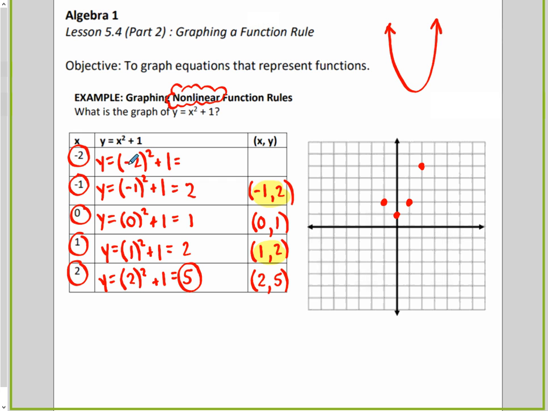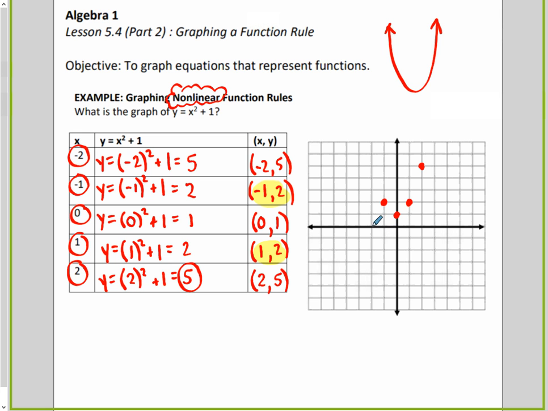So that's +4. So you imagine that there's a 4 plus 1. And again, we get 5. So whether 2 is your input or -2 is your input, you're going to get 5 as your output. So -2, 5.